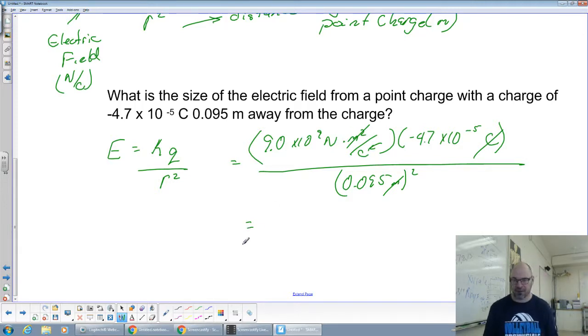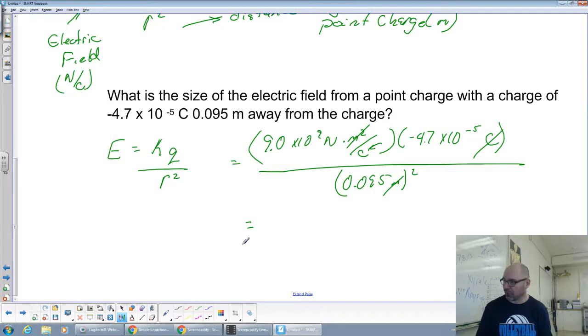So if we take our calculator out, 9 scientific notation 9 times negative. Well, we don't really need the negative in there. We know that it's going to be attraction because the test charge is always positive. So negative charges go in towards the point charge.